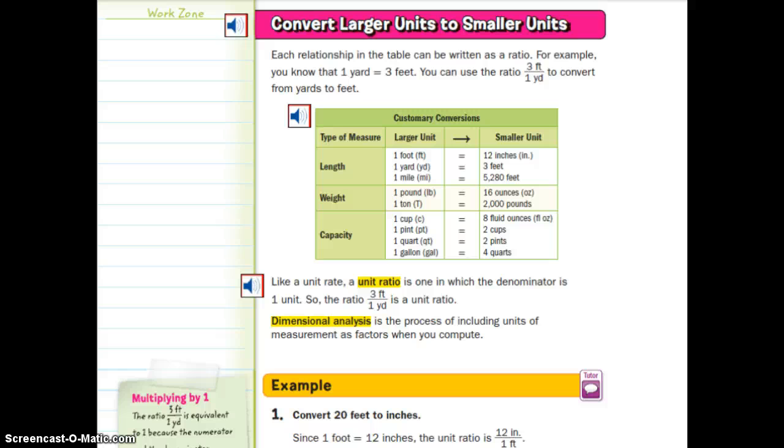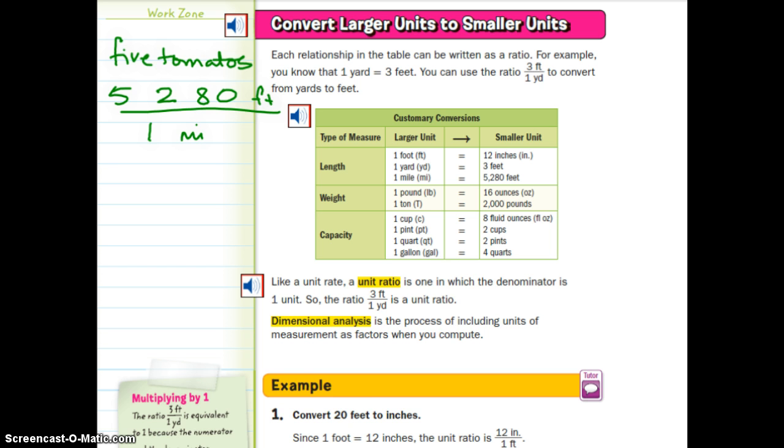In this case, we have some customary conversions that you should know. For length, we have 1 foot is 12 inches, 1 yard is 3 feet, 1 mile is 5,280 feet. How do you remember that one? 5 tomatoes. 528 feet is 1 mile. 5 tomatoes.